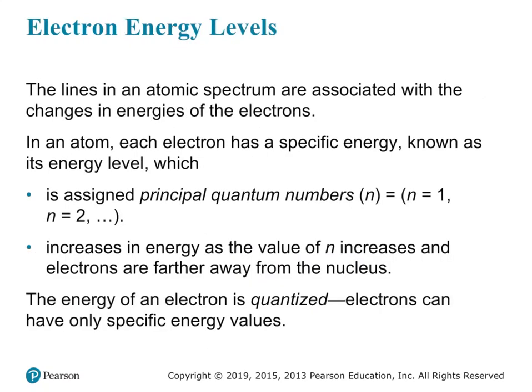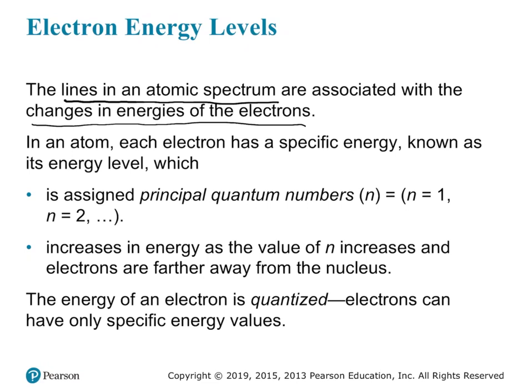So now what's actually happening with those lines in the atomic spectrum, those are associated with changes in energies of the electrons. So barium's electrons were getting heated up, they were gaining energy, and that change in energy was what produced those different colors of light.